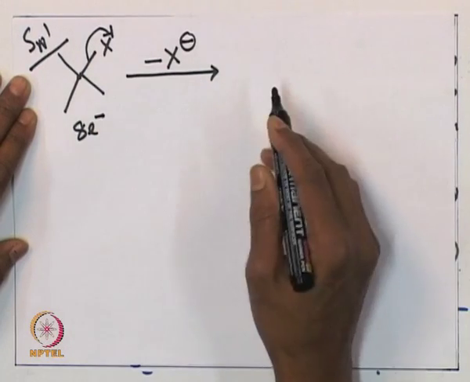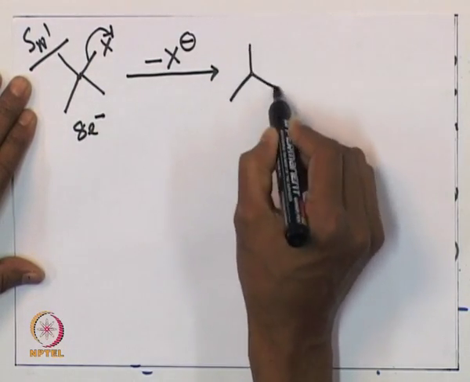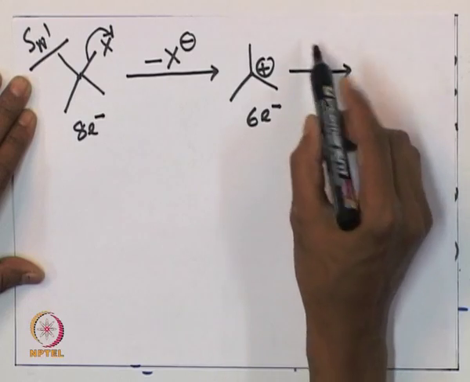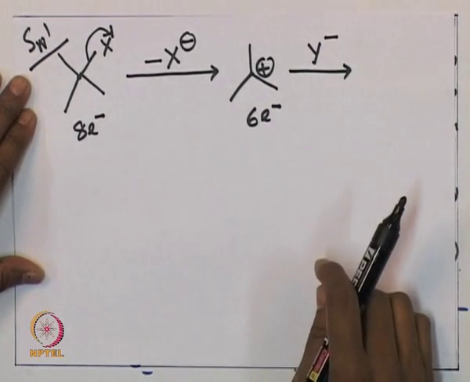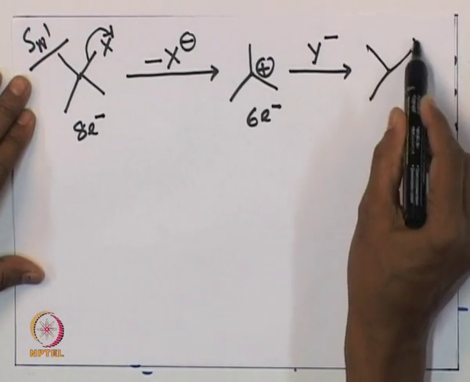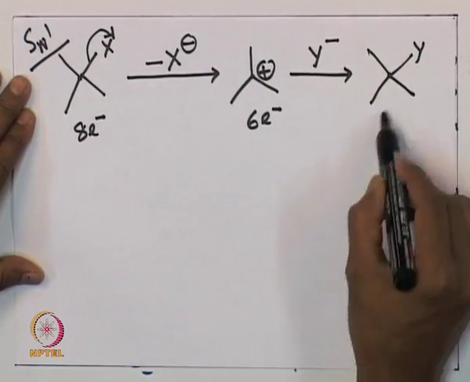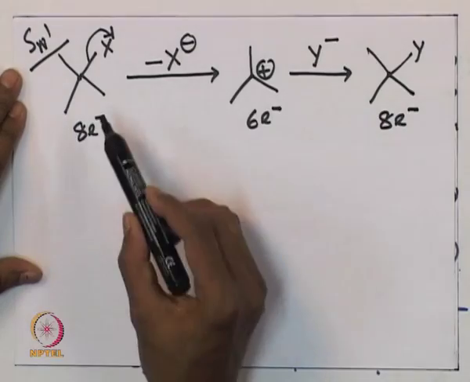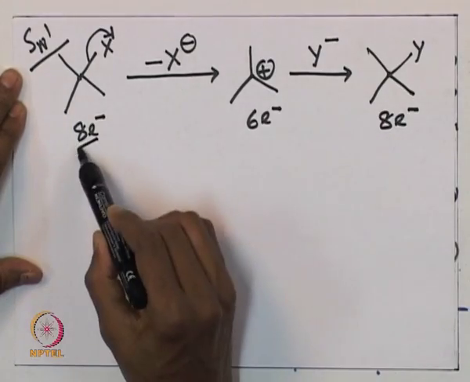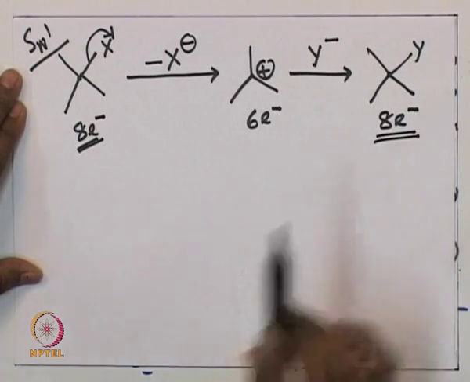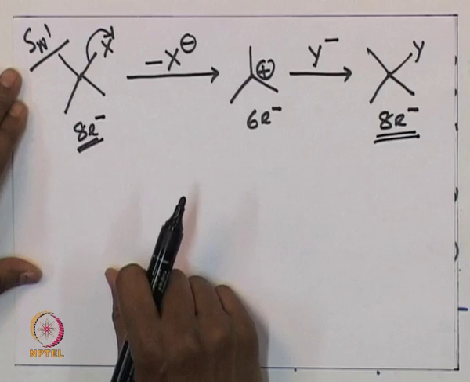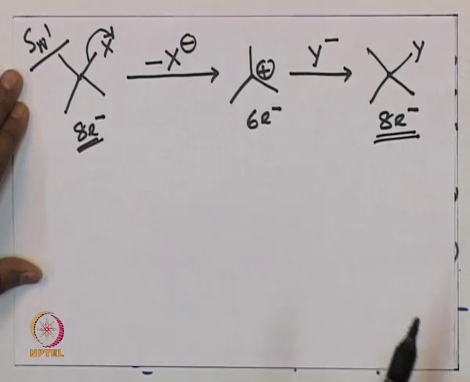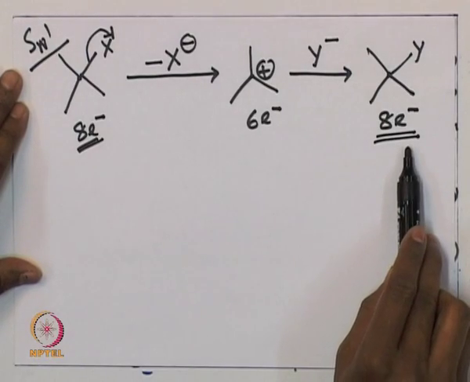So, you are leaving X minus and you get a 6 electron species, which subsequently goes for nucleophilic attack to give you the substituted Y and again an 8 electron species. Even in the SN1 reaction, you see that exactly an 8 electron species is giving you an 8 electron species. Similarly, for organometallic reactions, it is an 18 electron complex that will give you an 18 electron final product.